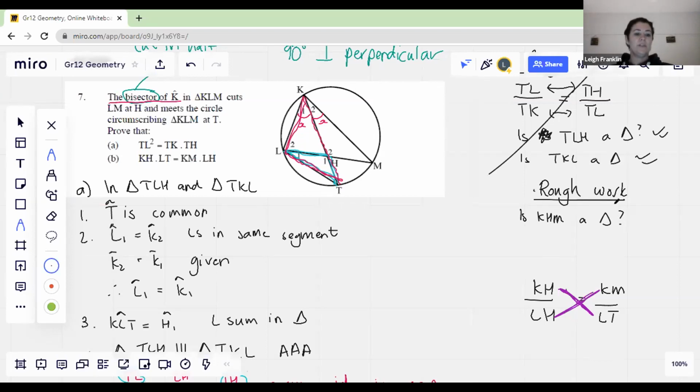If I went left and right at the top, what must I do at the bottom? I've got to go left and right at the bottom as well. So now I'm checking, is LHT a triangle? Yes, indeed.